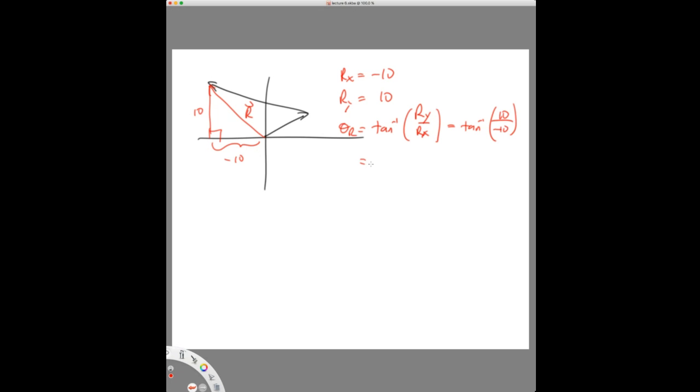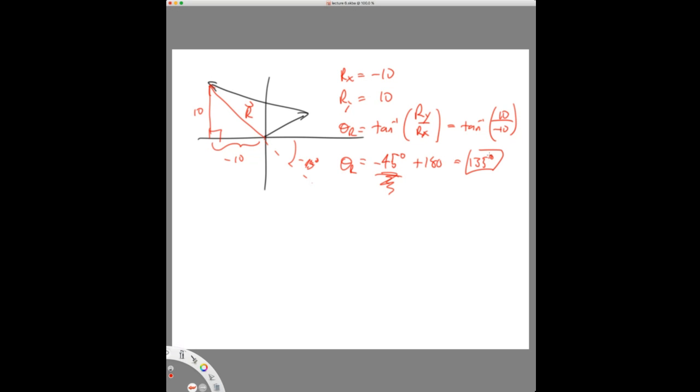So that's the inverse tangent of -1, which if you work that out on the calculator, you're going to get -45. And then you kind of check this and say, does that make sense? Well, -45 would be down here, but I know it should be up in the second quadrant. So we're going to just add 180 to get 135.